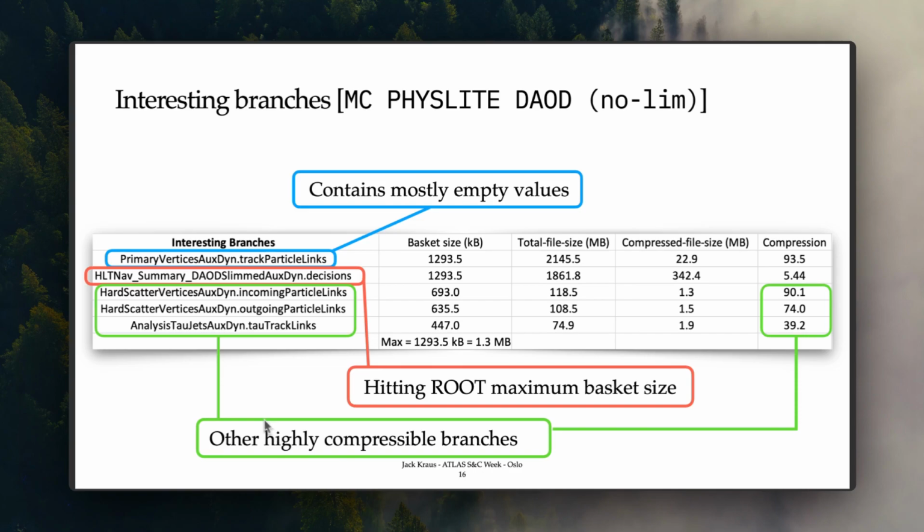I'm assuming they also have a lot of repeated values that don't really need to be there or really need to be this large to begin with. So maybe that's something to look into. And again, just the HLT nav summary. That's another one that we were interested in.